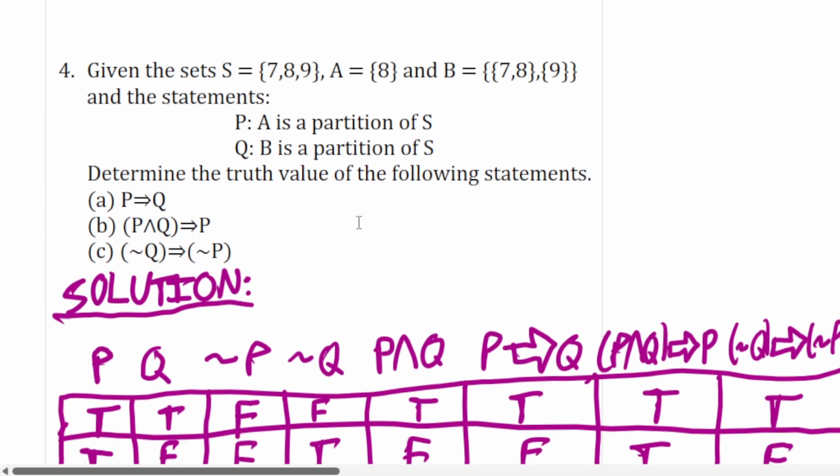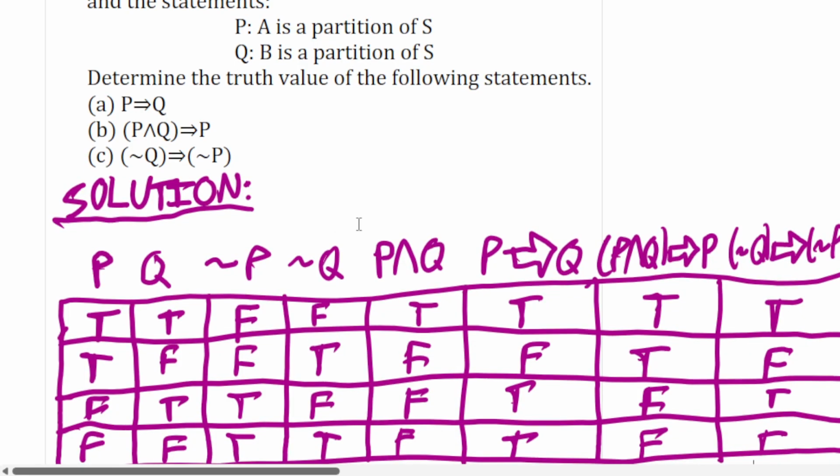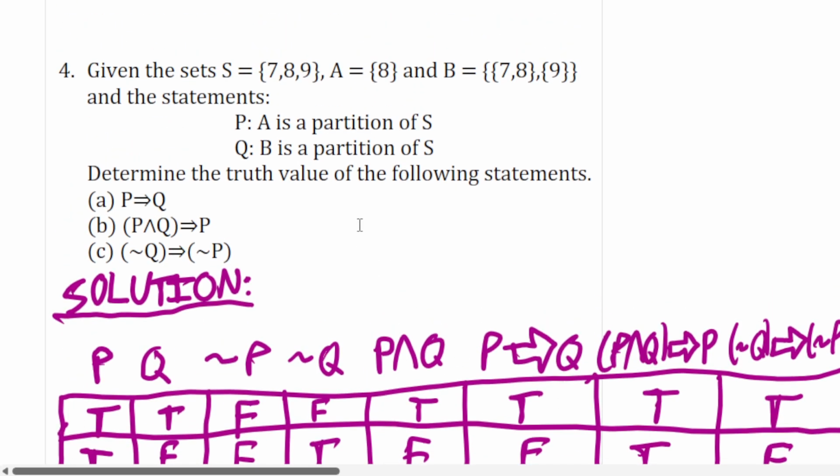So now, let's determine the truth value of the following statements. Okay, well first, we need to look at these two statements here. A is a partition of S. This is false. Because if you remember, a partition is a set that has all the elements that are inside sets that are in a new set, or at least it's somewhere around that definition.